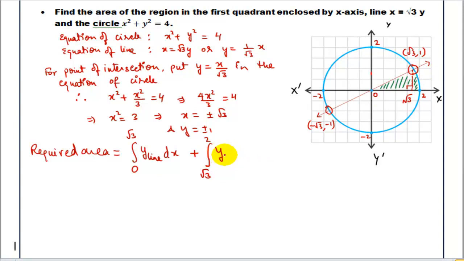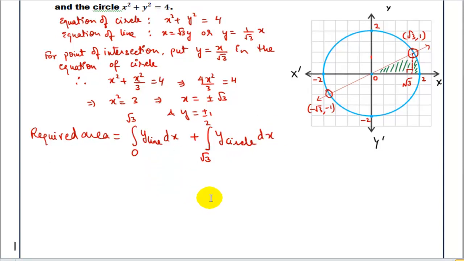So we will convert y from the circle in terms of x. So let us do the conversion and then integrate both. So if we look at the line, y in terms of x is x over root 3. See the equation of line, it was x is equal to root 3y. So y can be written as x over root 3 dx we will write here.